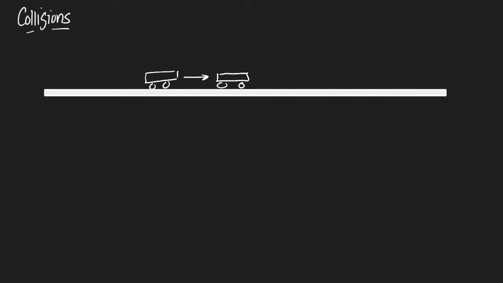The moment the first object comes in contact with the second, so this is object 1 and this is object 2, I don't think it's a stretch to say that object 2 is going to experience an impulse in that direction. When car 1 hits car 2, because car 1 was moving, it's going to push on car 2 to the right.